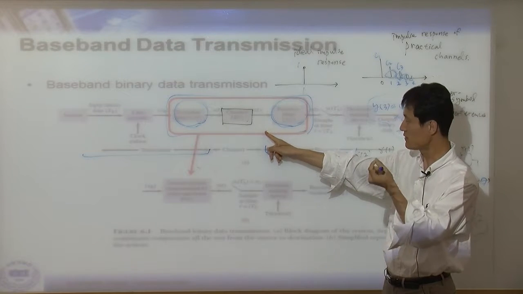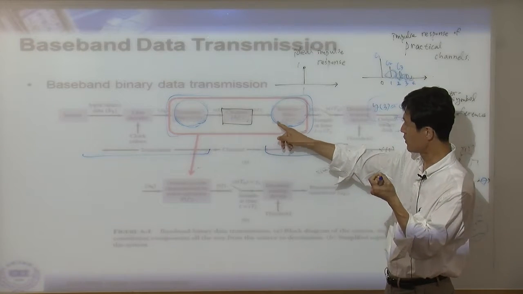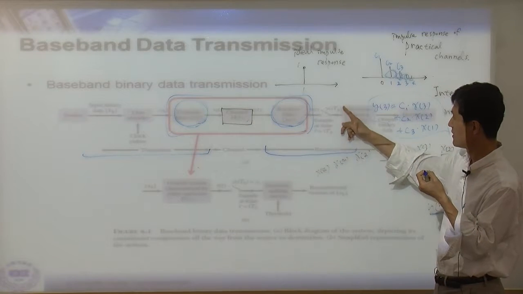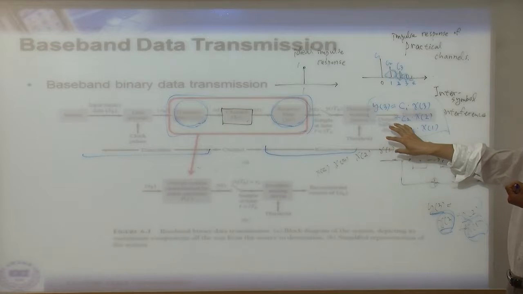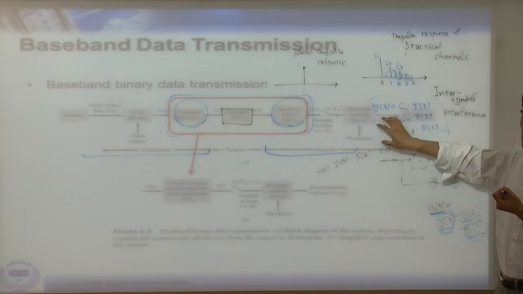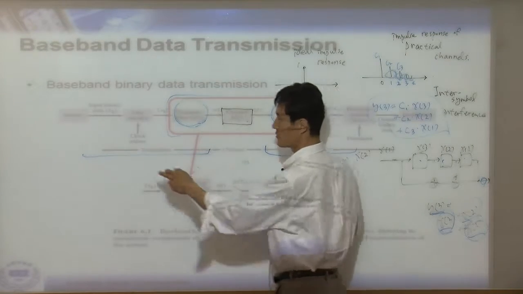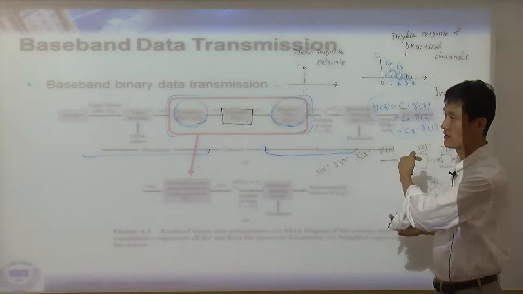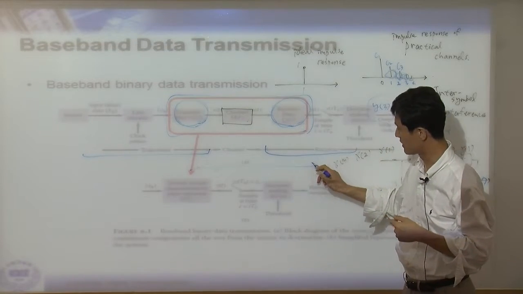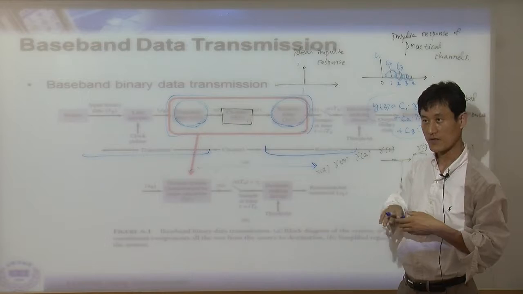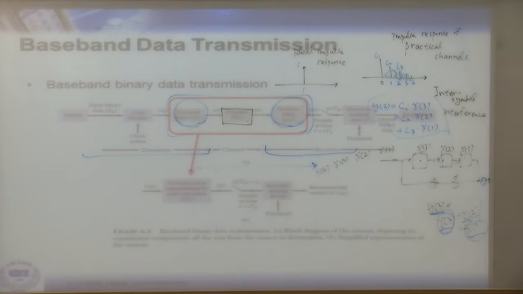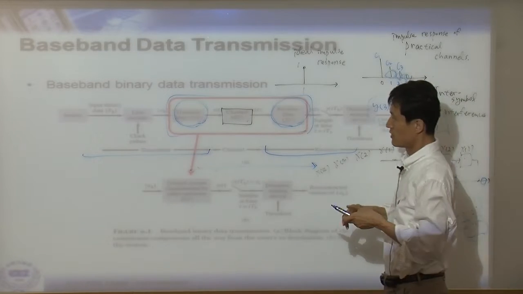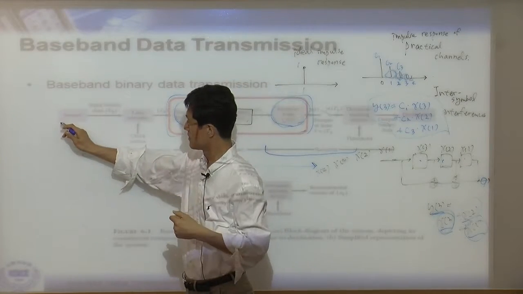That symbol goes to the filter, then into the demodulator, and eventually you make a decision. So all of this is sequential, from here all the way to the right.